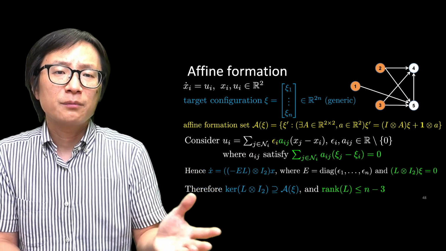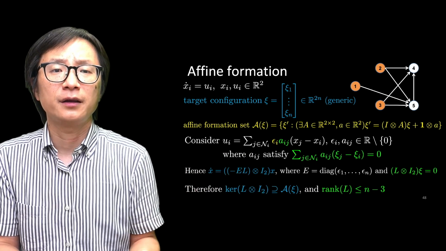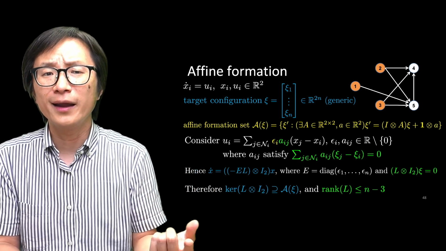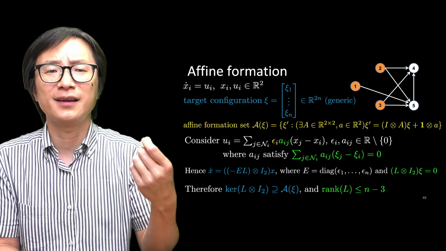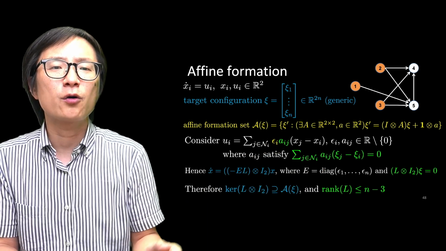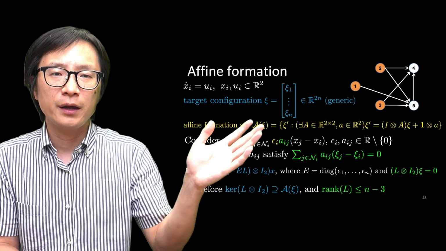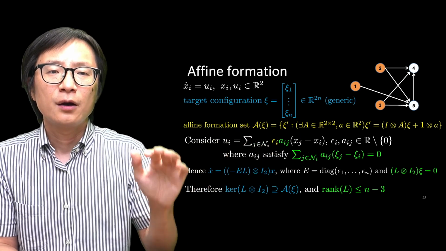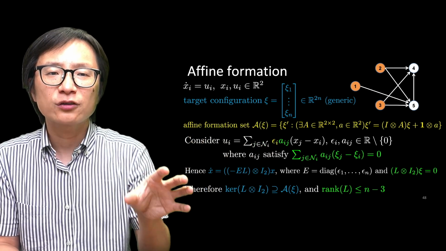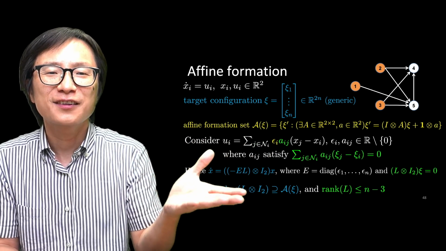Well, that means that the kernel of the signed Laplacian is at least 3 dimensions. Which 3 vectors? We know 1, of course, by definition. That's the vector of all ones. And from L Kronecker product I2 times xi equals 0, we have already mentioned that when we view that axis by axis, we actually have 2 corresponding different axes xi.